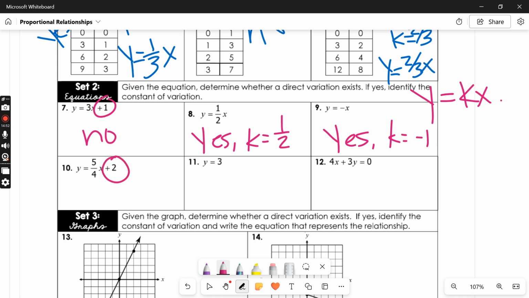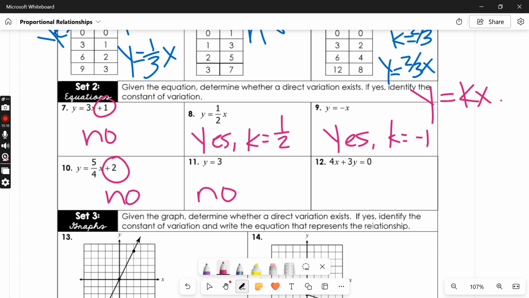Number 10, we would say no. It's got a plus 2 on there. Number 11, we would say no. It doesn't have a number times x. Okay. And then number 12.